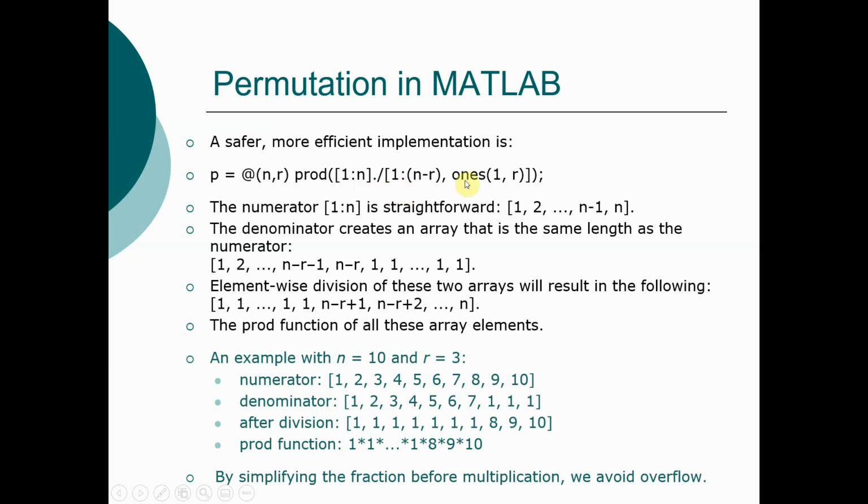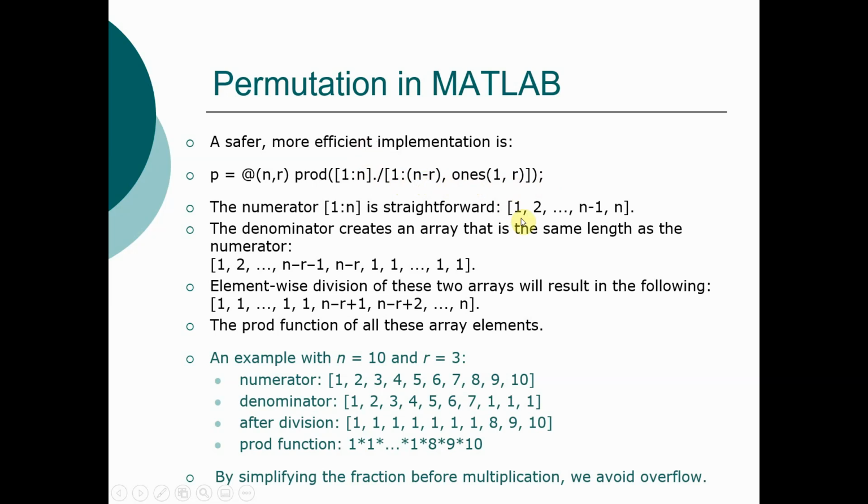Its first n minus r elements are the same as the matrix in the numerator: 1, 2, 3, all the way to n minus r, and for the rest of the elements you place 1.